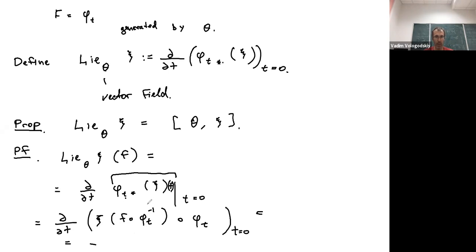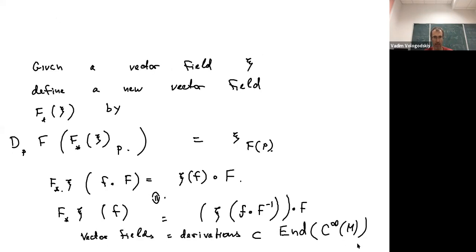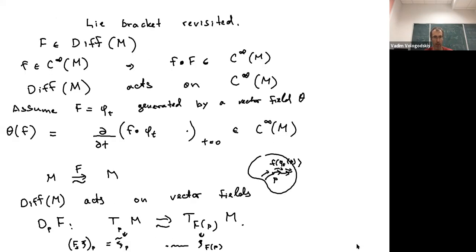If you wish, I could rewrite it as phi minus t, but this is a one parameter group of diffeomorphisms. So this is equal to minus xi applied to theta of f. That's because if you take f composed with phi sub t and differentiate it with respect to t and plug in t equals 0, you get precisely this. That's the formula that we had somewhere here.